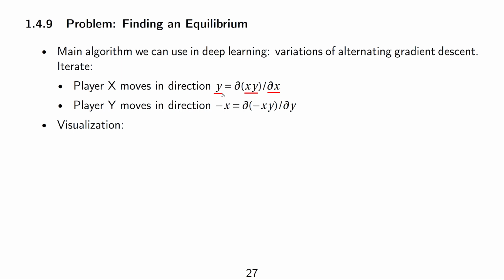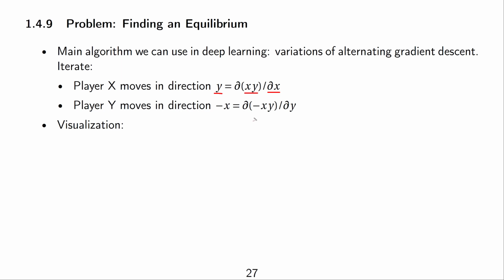Now, this cannot be confused with always moving in the positive y direction. So if y is positive, then the player x wants to change x to also be positive, to be more positive, and if y is negative, then player x wants x to move in the negative direction.